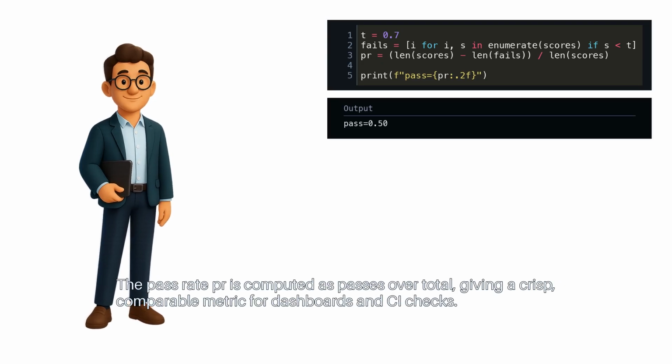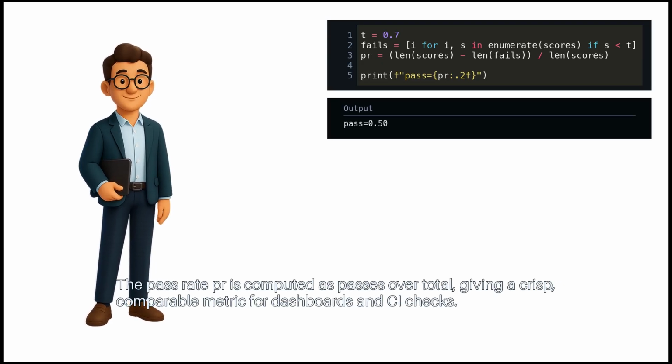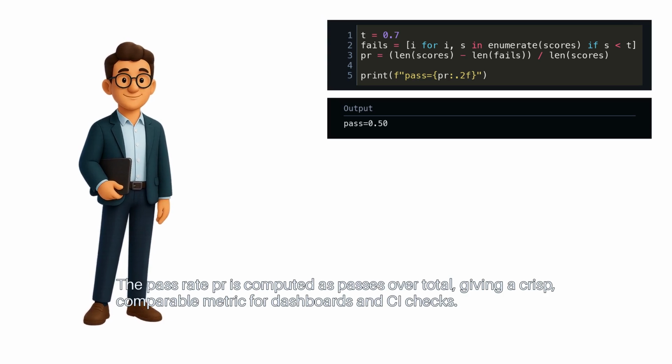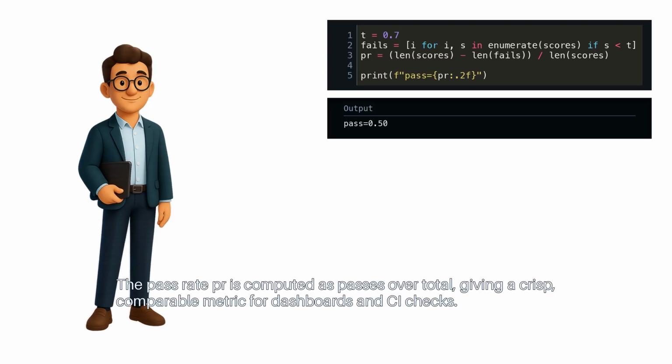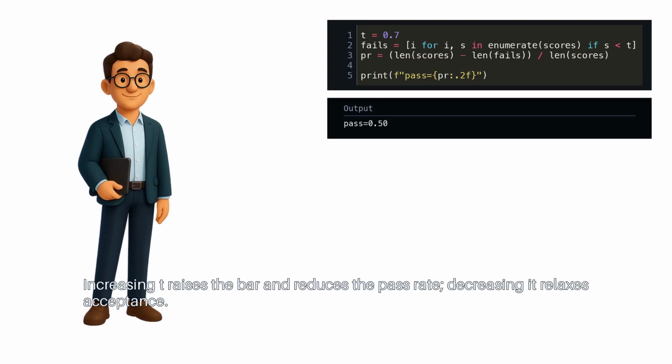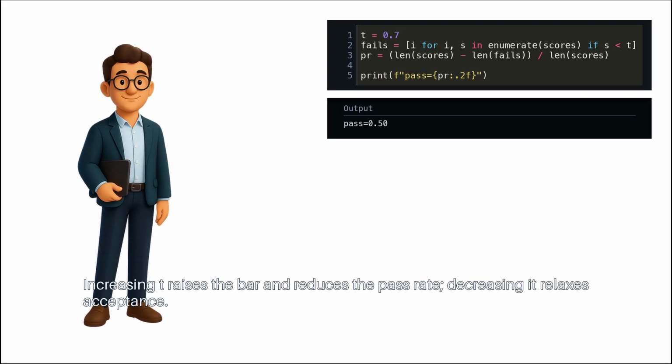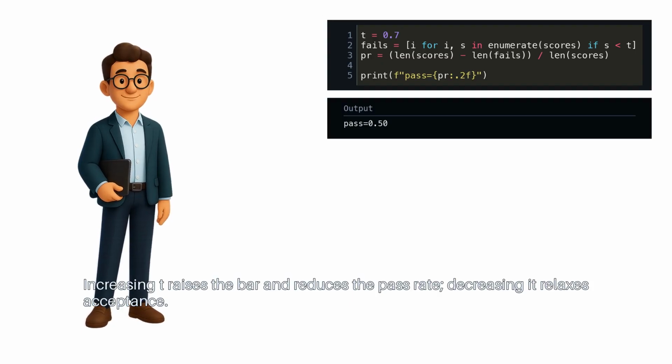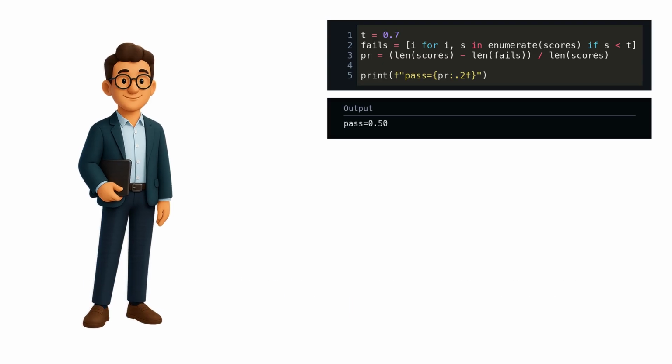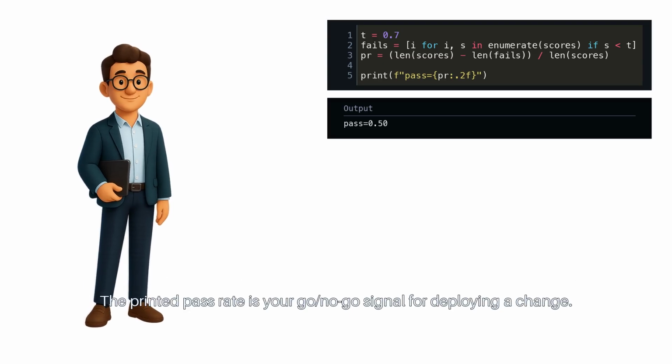The pass rate PR is computed as passes over total, giving a crisp, comparable metric for dashboards and CI checks. Increasing T raises the bar and reduces the pass rate. Decreasing it relaxes acceptance. The printed pass rate is your go, no-go signal for deploying a change.